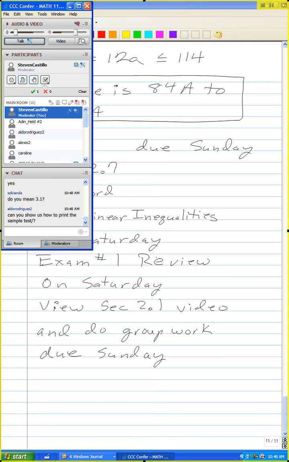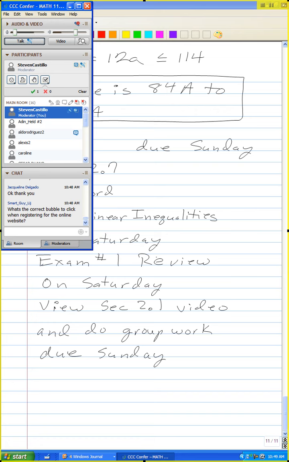How do you print the sample exam? It's a PDF. So if you go to documents and you just click on the actual PDF, it comes as a PDF, and you can just download or print any PDF as if you would print any PDF.